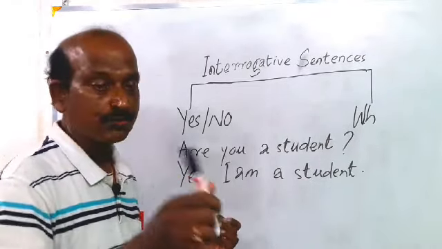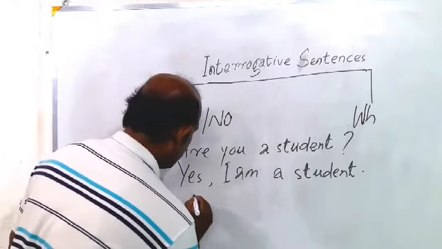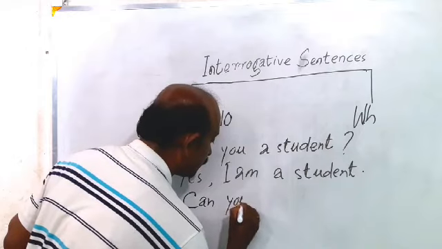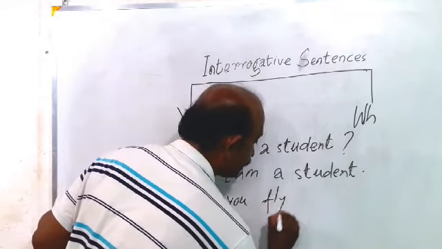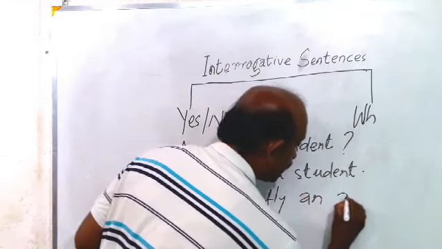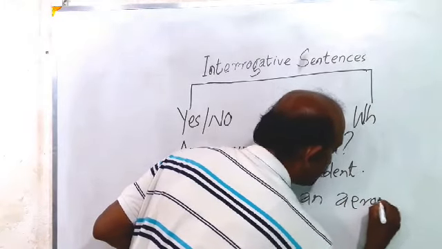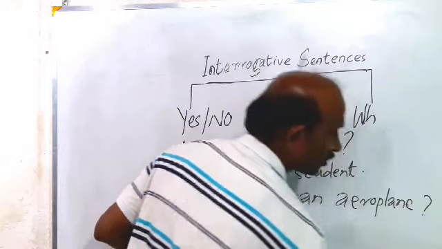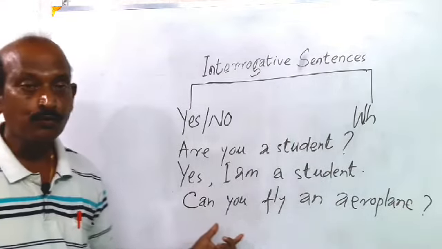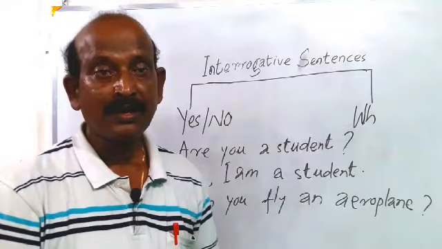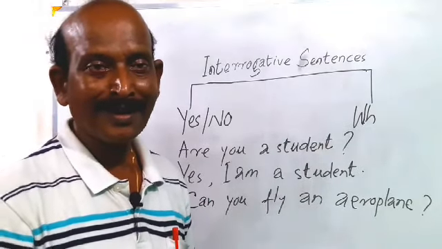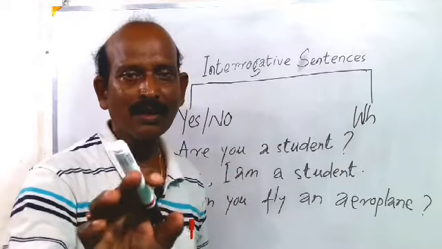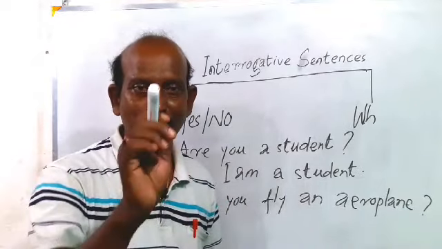Follow the next question. Can you fly an aeroplane? Question mark. Follow here. Can you fly an aeroplane? In this question, obviously, I think among you no one can fly an aeroplane. So what answer will you give?